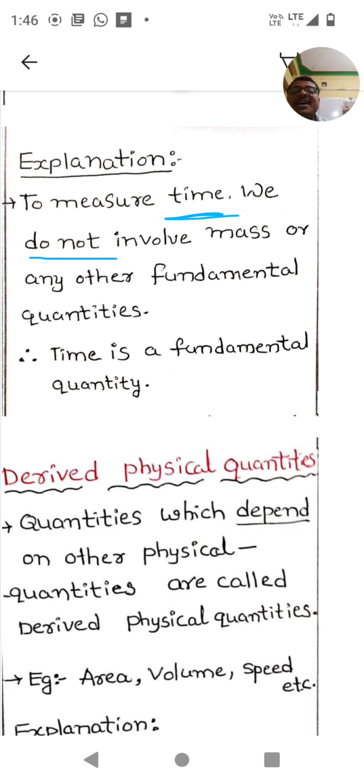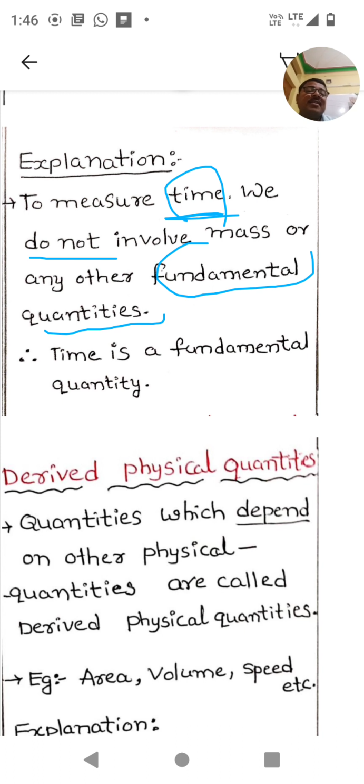That's why time is a fundamental physical quantity. When we are calculating time, we do not need any other physical quantity. That's why time belongs to fundamental physical quantities.